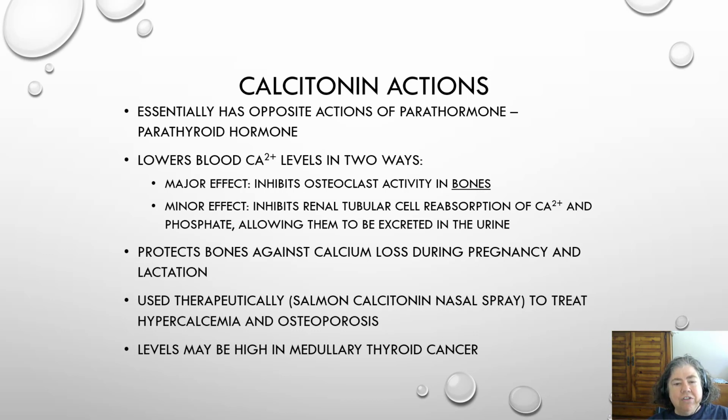And therefore, it's actually used therapeutically to treat osteoporosis, also to treat hypercalcemia. And it's used as a nasal spray that's derived, it's a calcium calcitonin. It also inhibits the reabsorption of calcium in the renal tubules and allows both calcium and phosphate to be excreted in the urine.